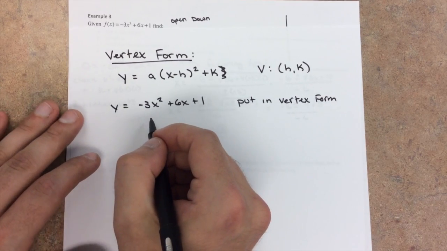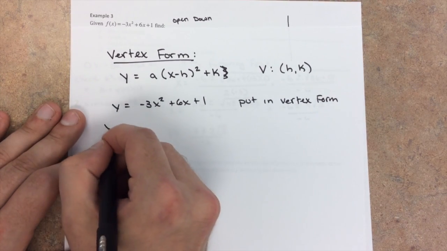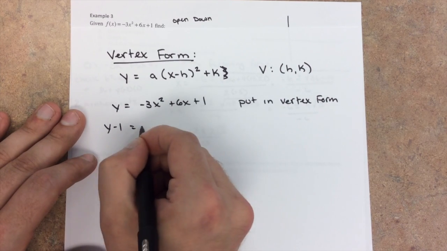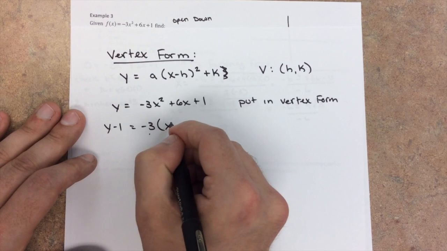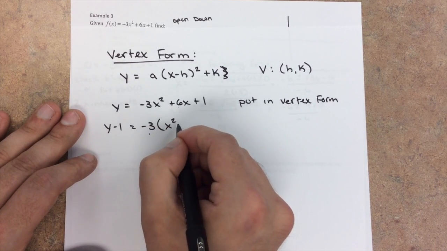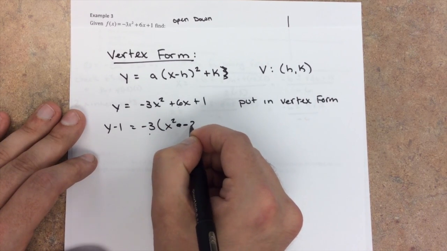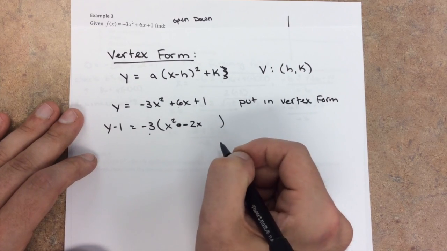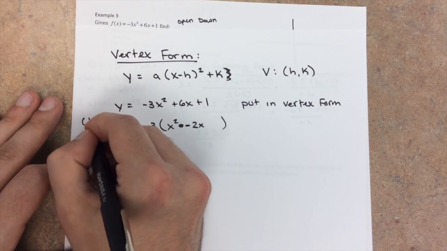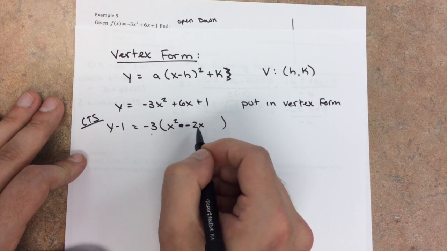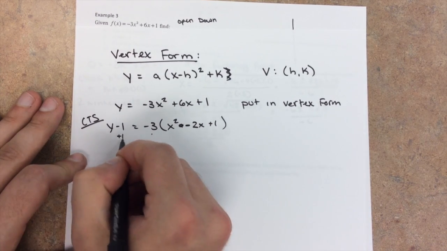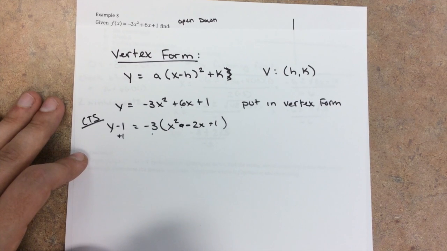So the first step is I'm going to subtract 1, and then I'm going to factor out a negative 3. That's my a. x squared, if I factor out a negative 3 from 6, that's going to be minus 2x. I'm going to leave a little space because I'm going to complete the square. So I take half of negative 2 and square it, so that's plus 1.